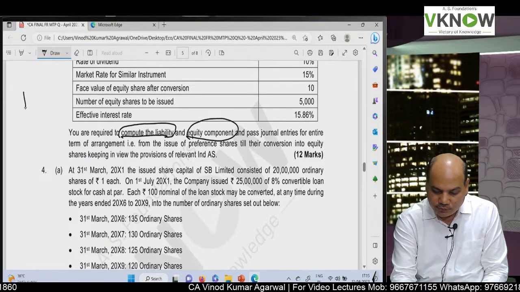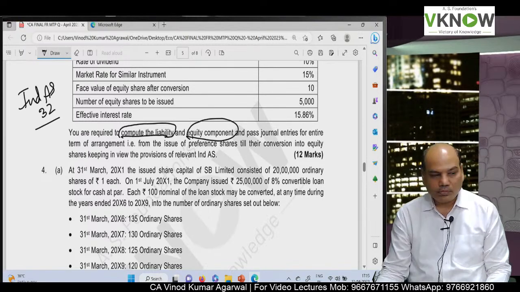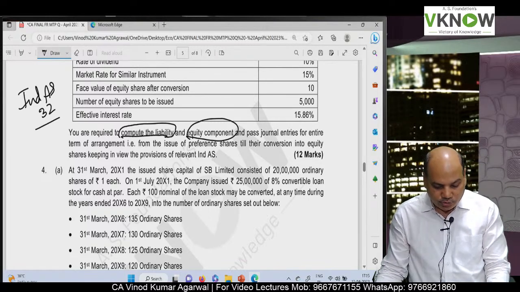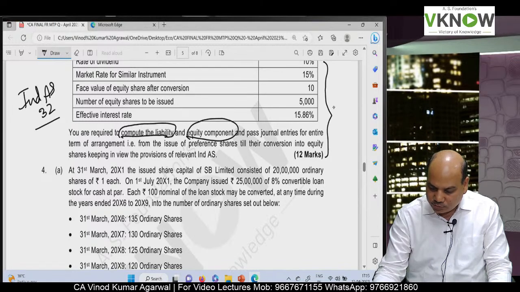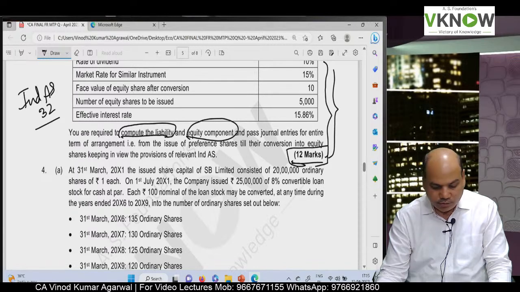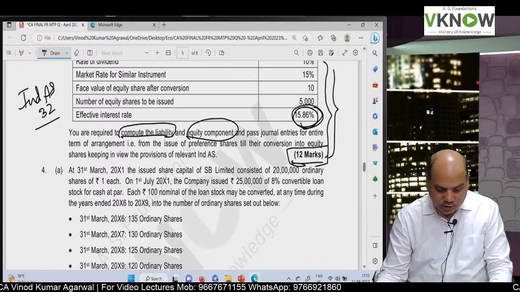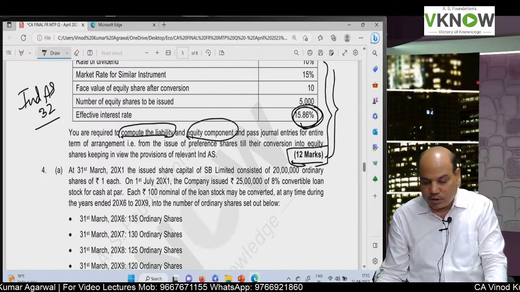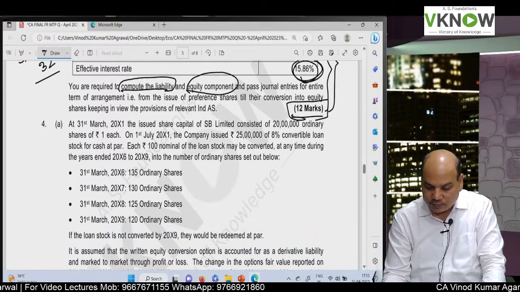So this is a question from Ind AS 32, and you can easily crack this question. Same to same question we have done in class, same to same question in the study material, and surprisingly it was for 12 marks. And the institute is so kind, they have given you almost all the calculations also. You just have to apply your basic intelligence and solve.